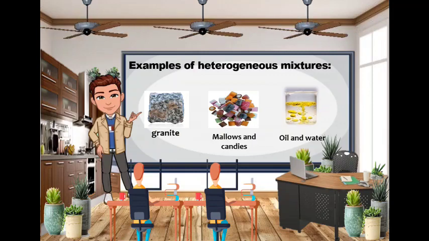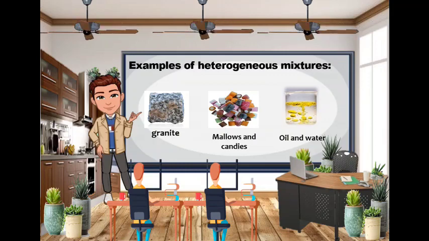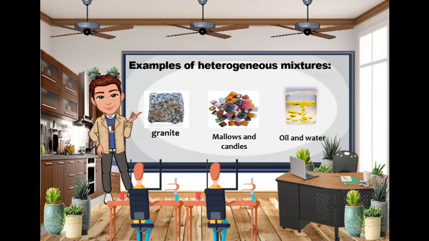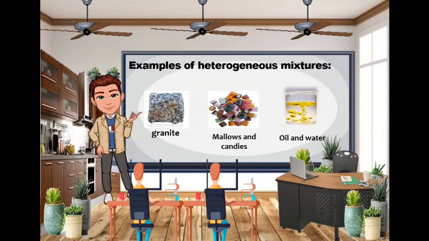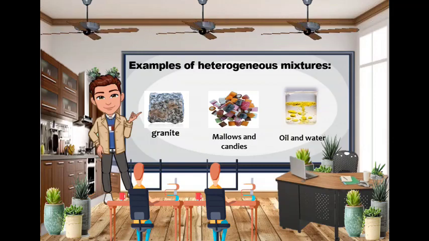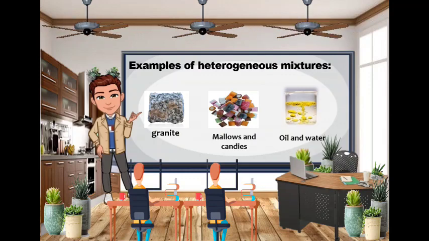As you can see, we can recognize the different components that are mixed in granite. Another, marshmallows and candies, and oil and water. So we can see the components of oil and water in the mixture as well as the marshmallows and candies.